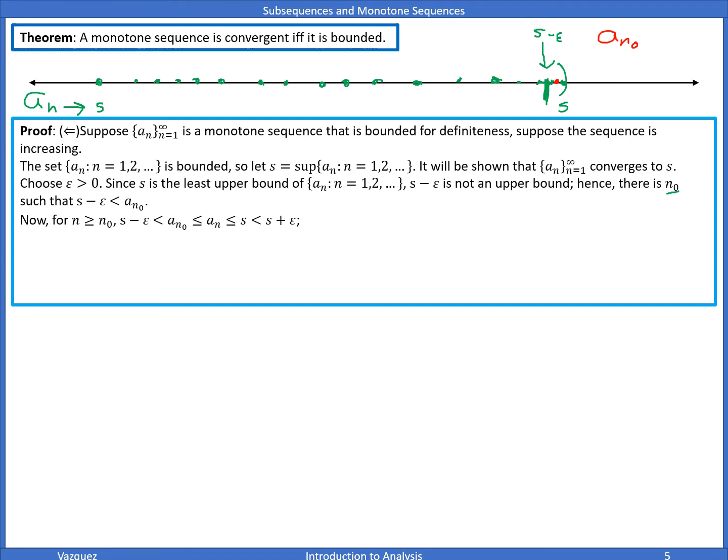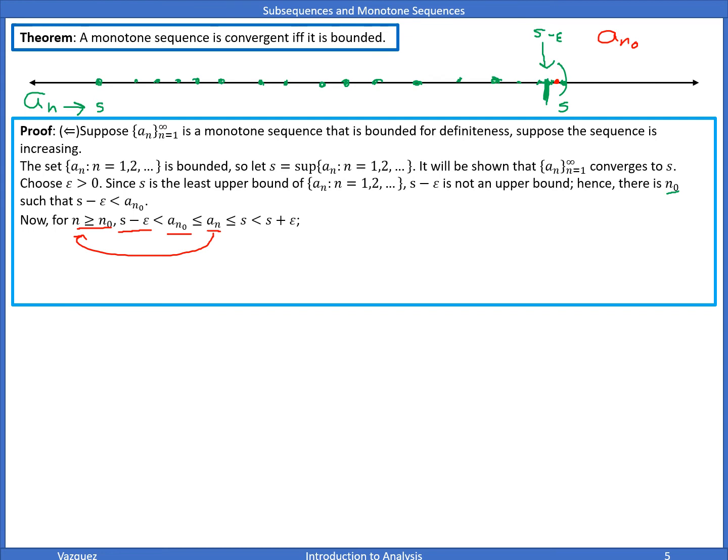Well, for n greater than n naught, s minus epsilon, we know, is less than that term of the sequence, the red dot we have on our real line, which is less than a sub n, again, because we have that n is greater than or equal to n sub naught.